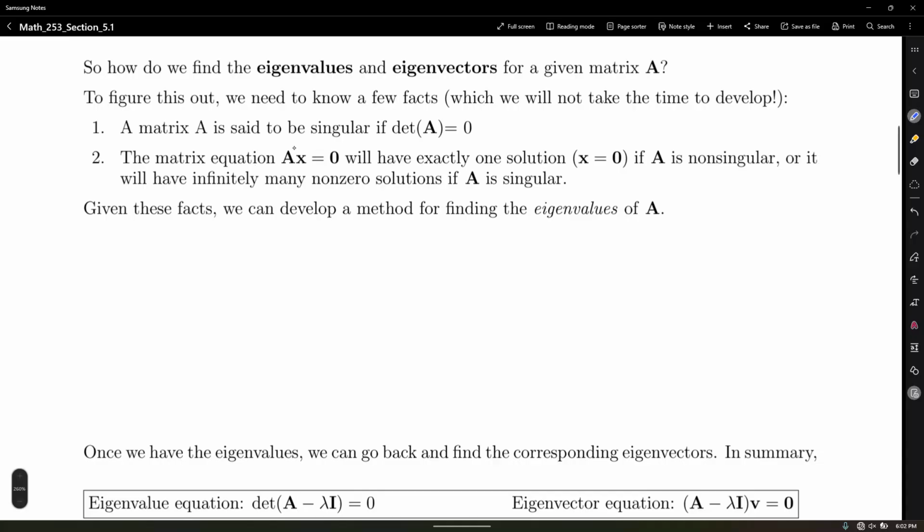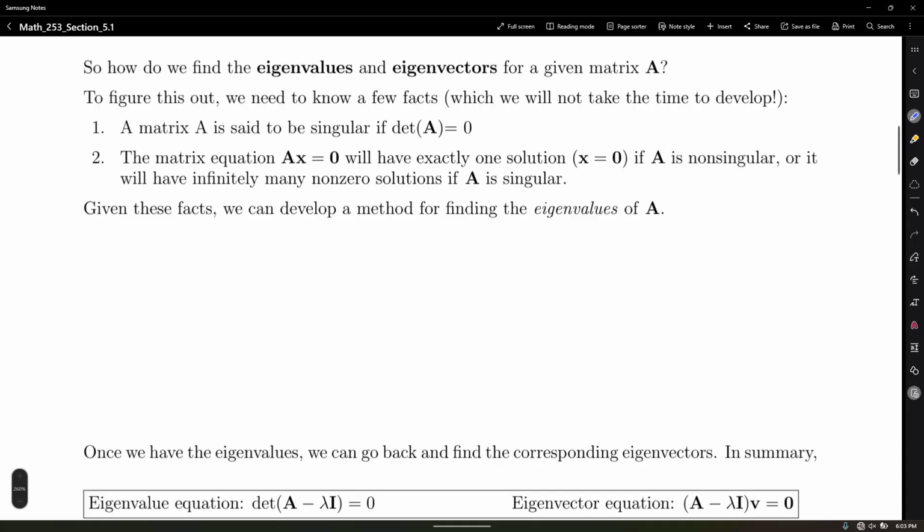The matrix equation AX equals zero. Notice the bold case, because what do we have here? A matrix, which is a collection of vectors, whether row vectors or column vectors. X is another vector, and the result is the zero vector. This matrix equation will have exactly one solution, x equals the zero vector, which we call the trivial solution, if A is non-singular.